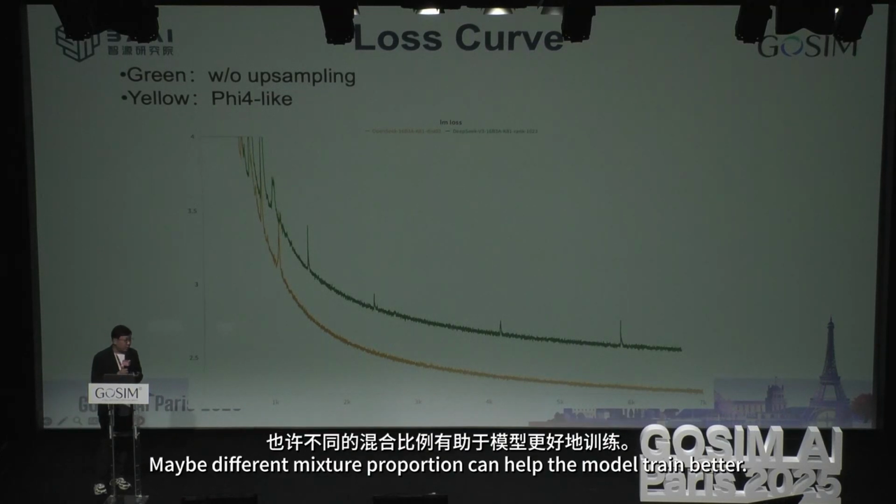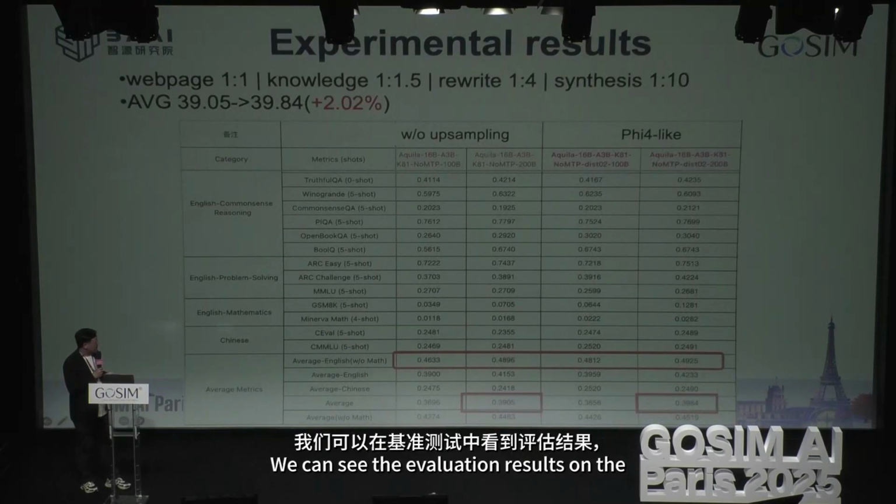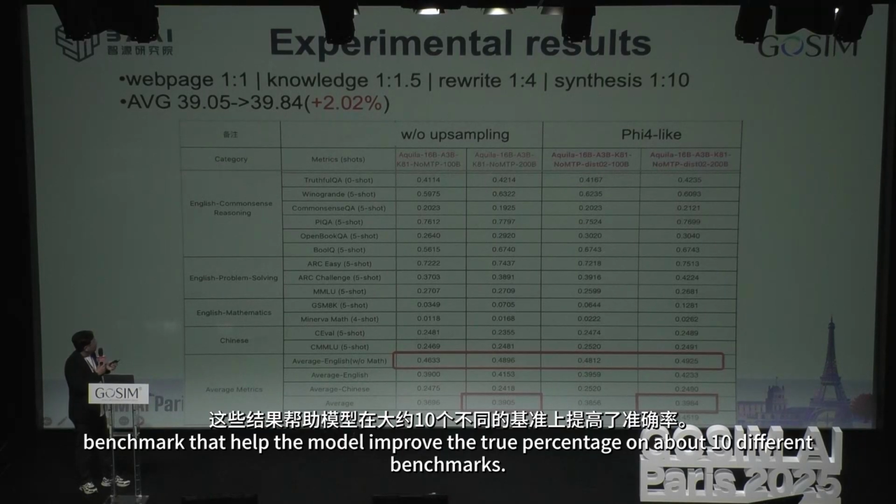Maybe different mixture proportions can help the model train better. We can see the evaluation results on the benchmarks, which help the model improve 2% on about 10 different benchmarks.